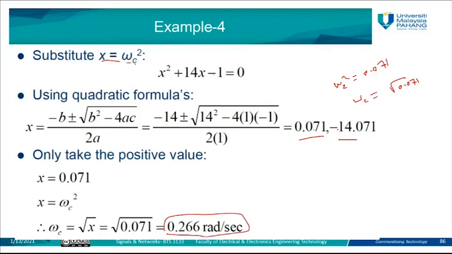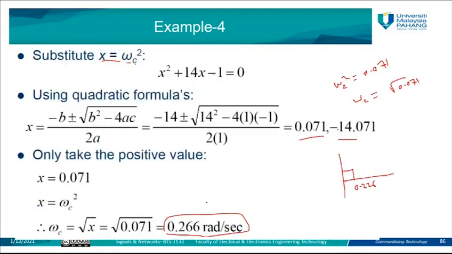This is the solution for the value of omega c, and it represents the cutoff frequency for our low pass filter. That means the low pass filter will allow frequencies from 0 until omega equals 0.266. Above that, all frequencies will be equal to 0, no values.